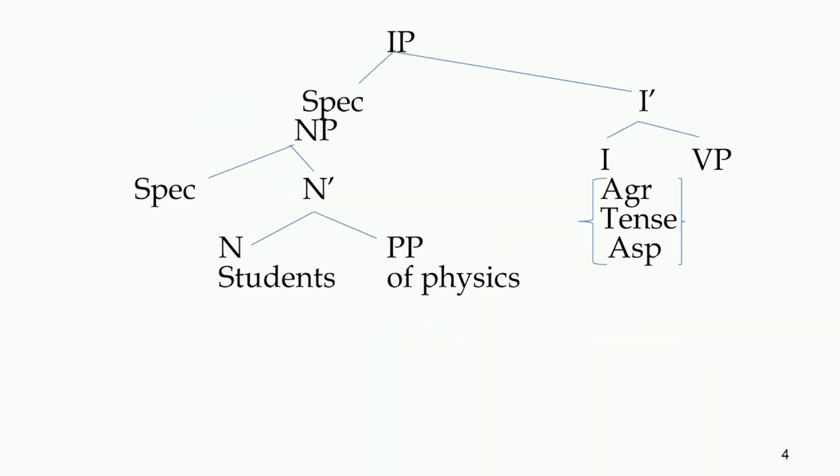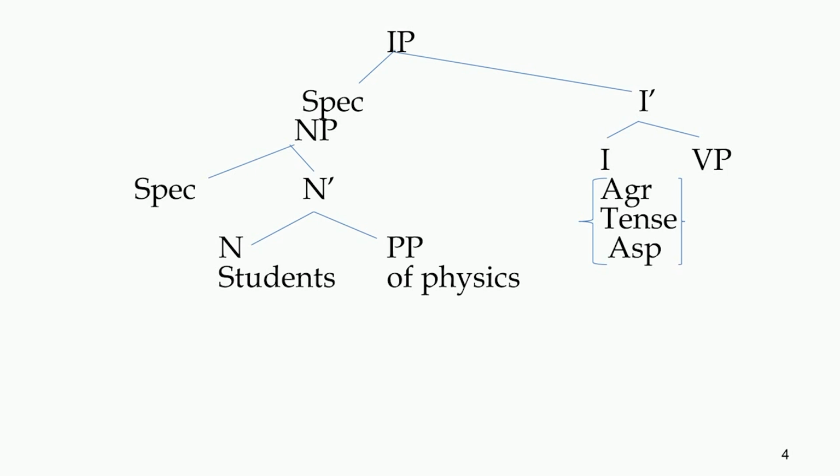Next that we want to see is a point that a bigger phrase can also be a subject of a sentence. We have seen an instance of this thing when we were looking at students of physics as the whole phrase as the subject of a sentence.